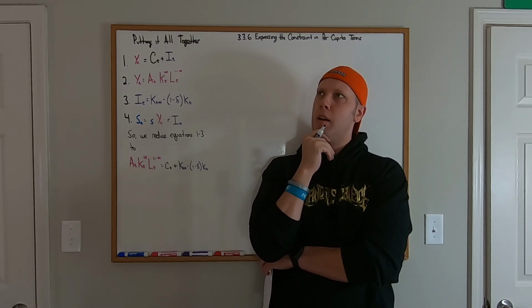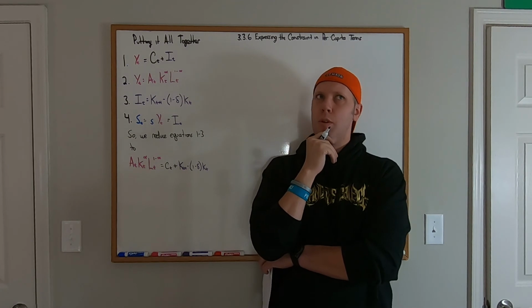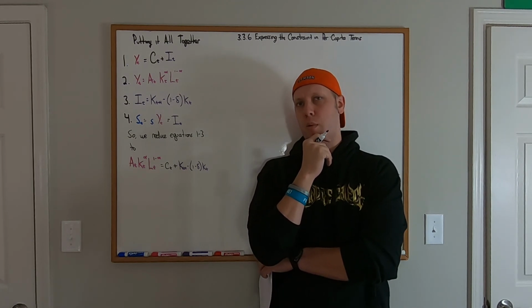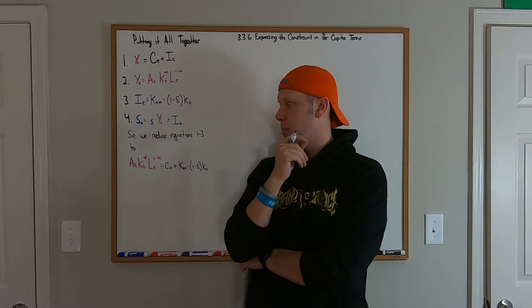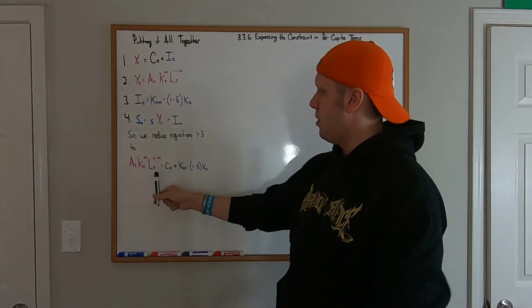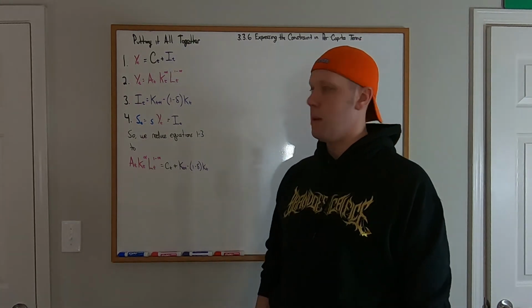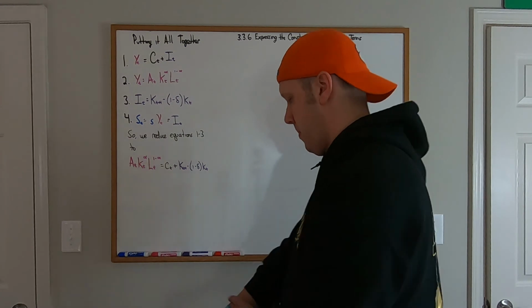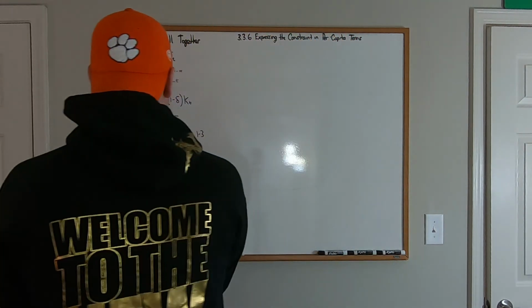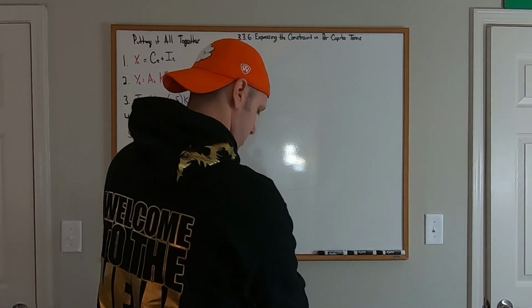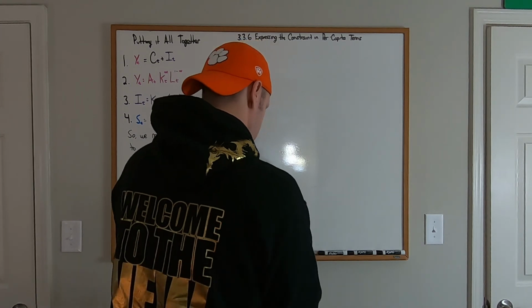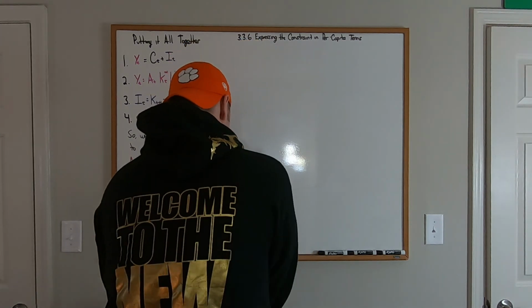So I have aggregate incomes. As long as I know the number of people in the economy, I can figure out what per capita income is going to be. Well, I do have an idea for the number of people in the economy. It's just Lt.